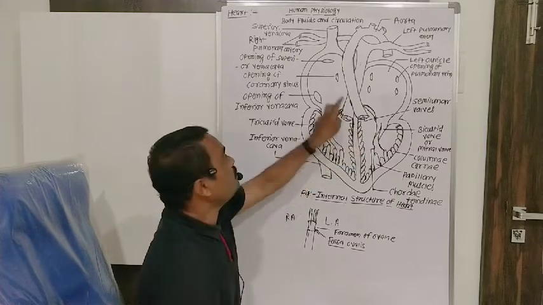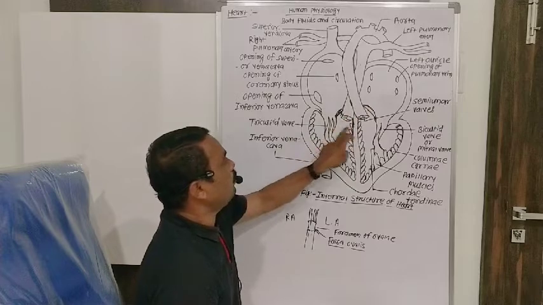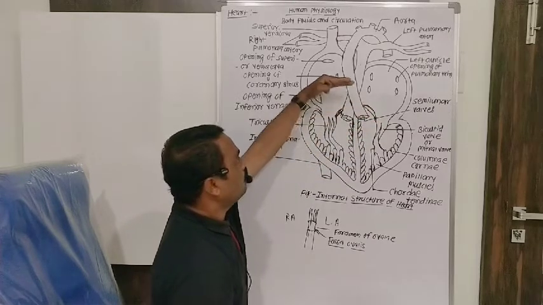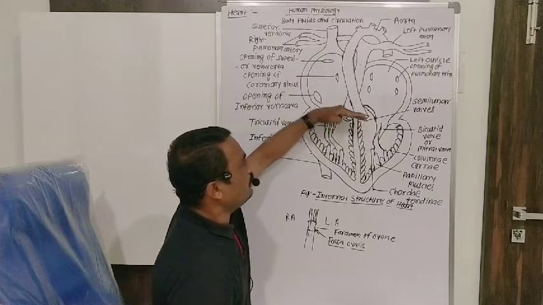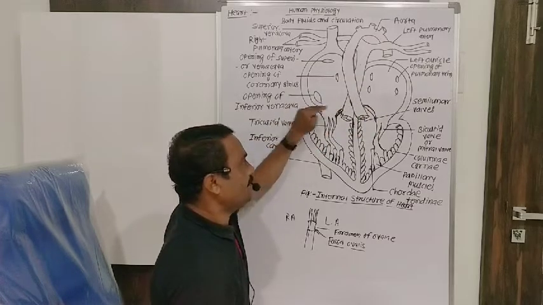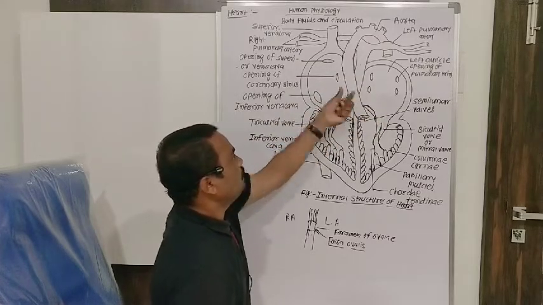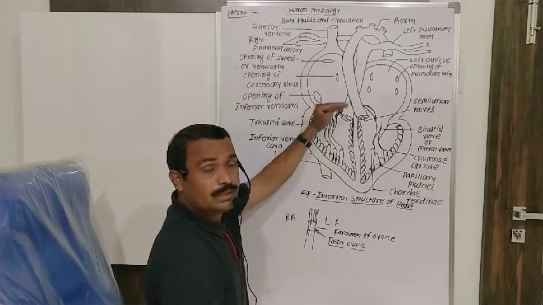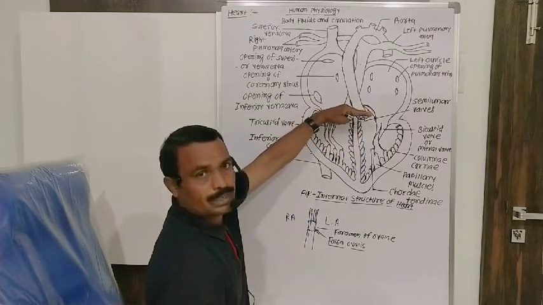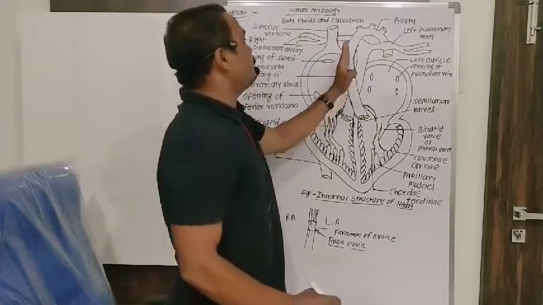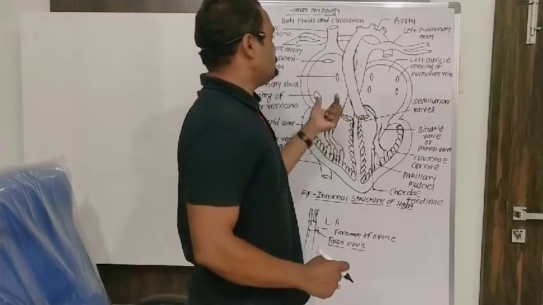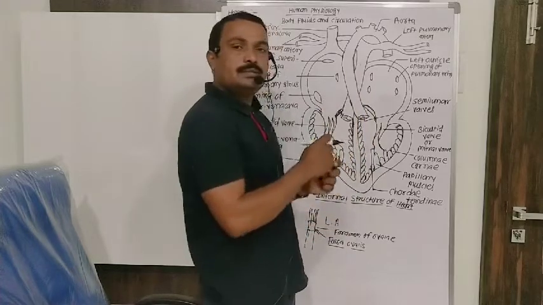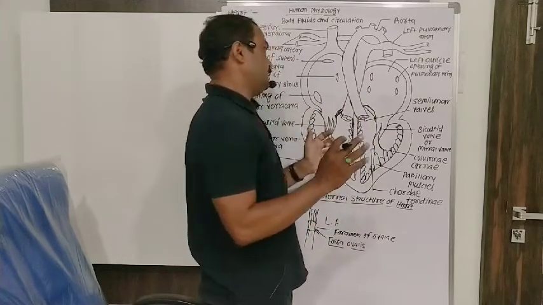Okay. Now these two auricles and two ventricles get separated from each other due to the presence of the auriculo-ventricular septum, that is transversely placed between the auricles and ventricles. Due to the presence of these septums, all the chambers present in the heart get separated.